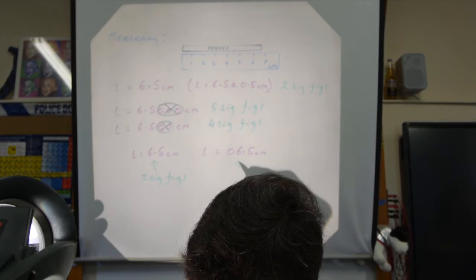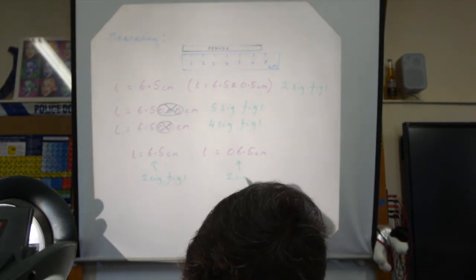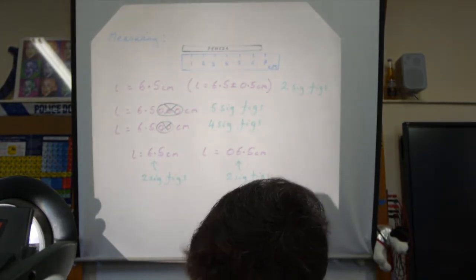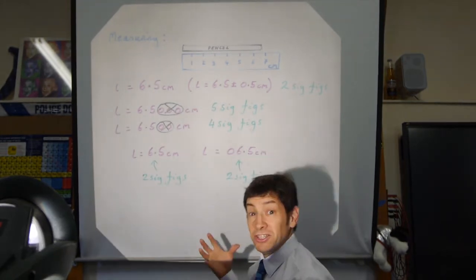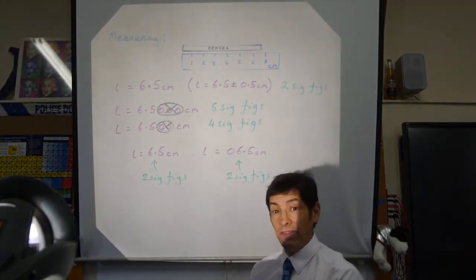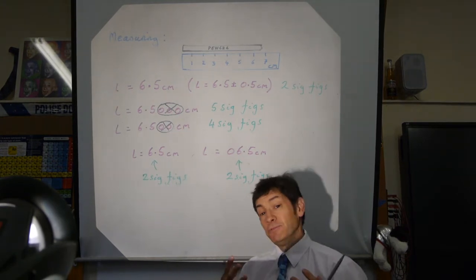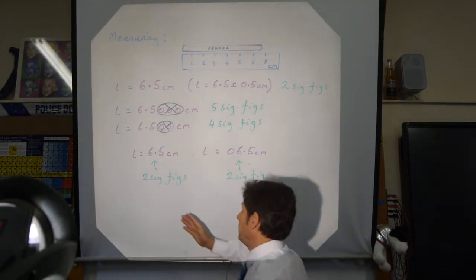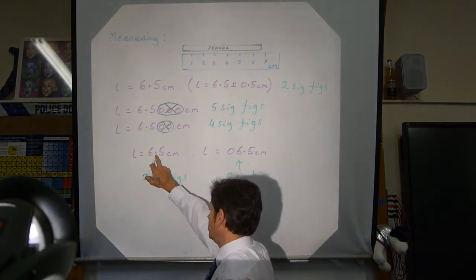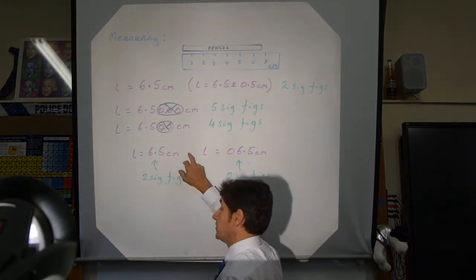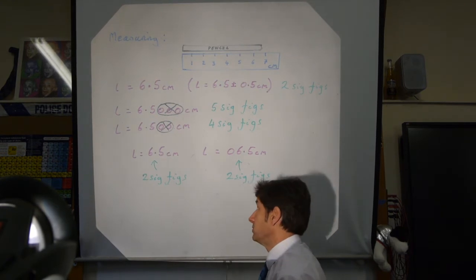This number here is to 2 significant figures. Now, there are shorter ways of teaching this. I do appreciate that. But what I'm trying to do is show you how it works. Some people just set rules and say, look, if you've got a decimal point and you've got zeros after the decimal point, they're finer measurements.